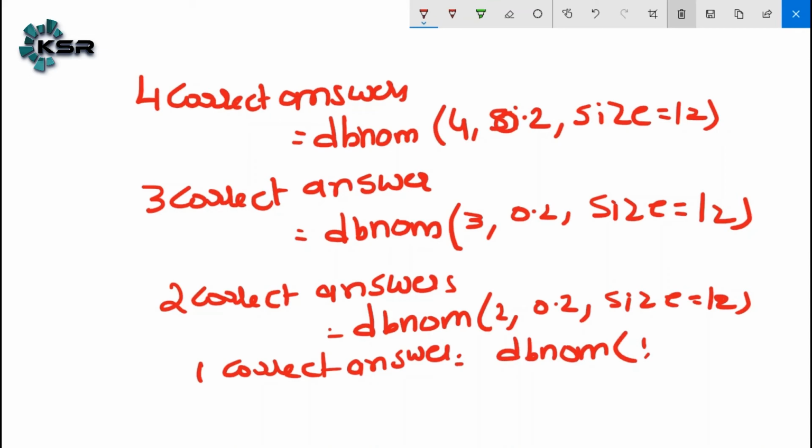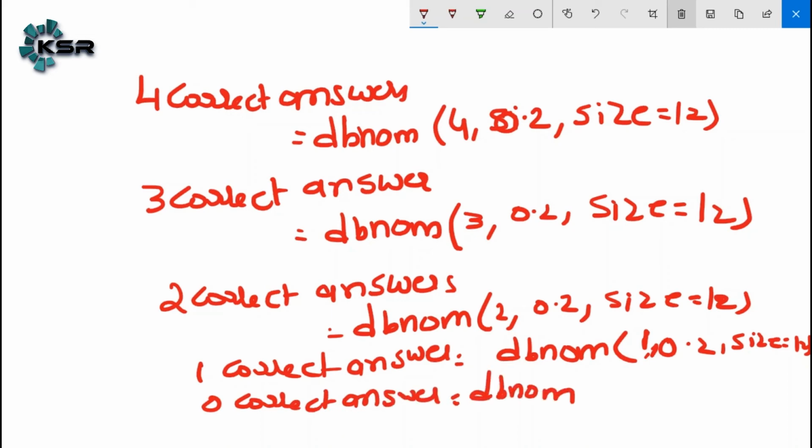Yeah, you can write any order, no problem at all. 0.2 comma size is equal to 12. 0 correct answers means D binom 0 comma 0.2 size is equal to 12.